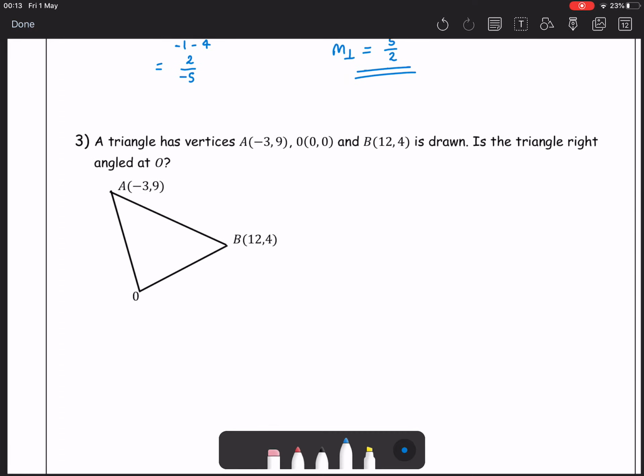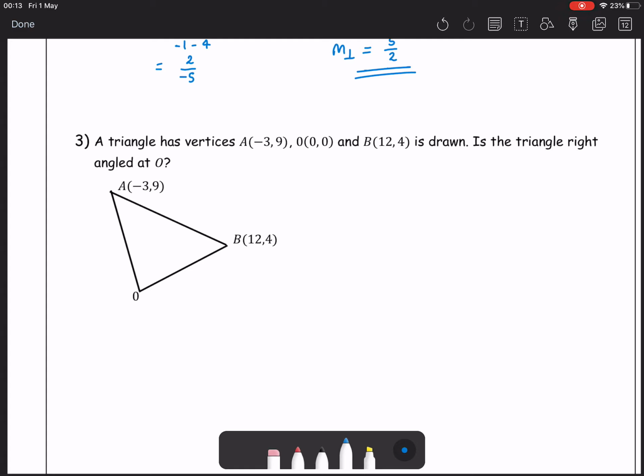A triangle has vertices A, O, B. Is the triangle right angled at O? You previously could have worked this out using the converse of Pythagoras. We're going to do that this time by using our gradients.